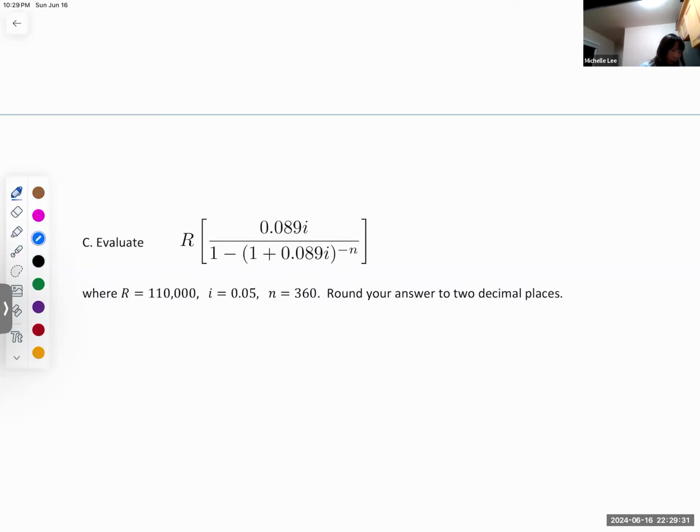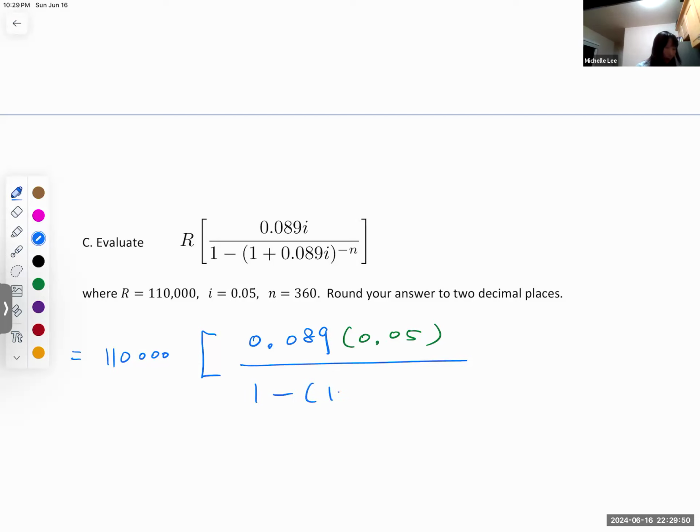Okay, let's substitute. r equal to 10,000 and 0.089, i equal to 0.05 over 1 minus (1 plus 0.089, i equal to 0.05) to the negative n power.